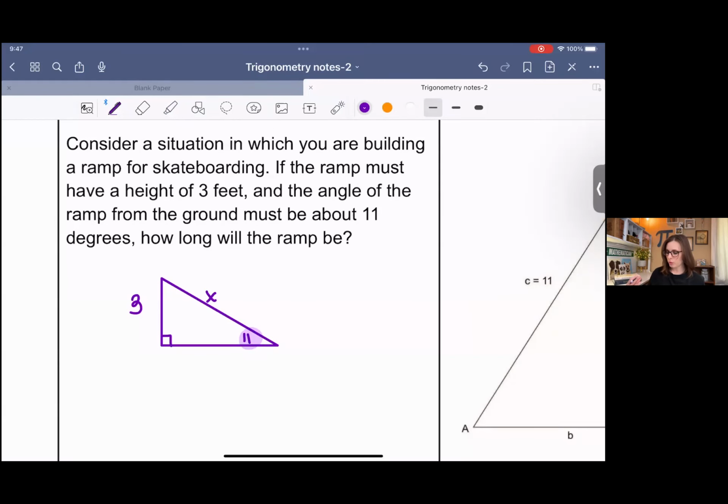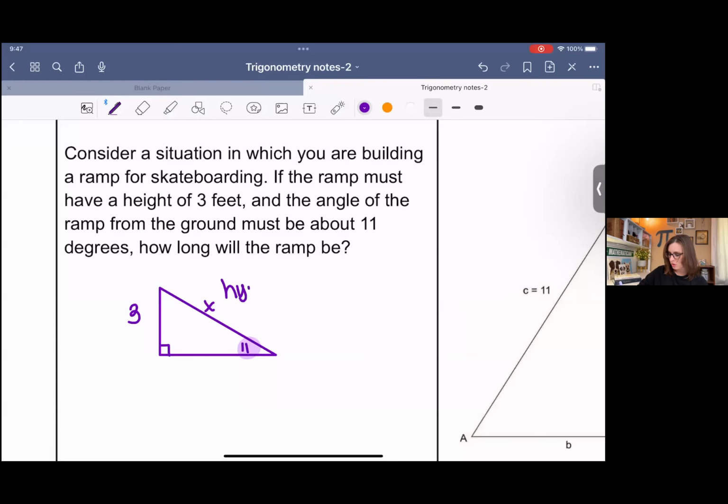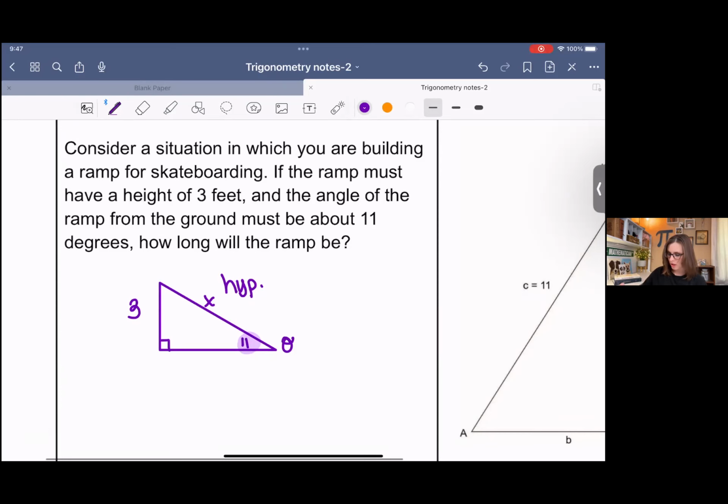And if I'm focusing on this angle, we can label the sides of our triangle to help us figure out which trig function we want to use. We've got obviously the hypotenuse, and then across from the angle measure, we'll just call it theta, is the opposite side, that's 3, and that's all we were given.